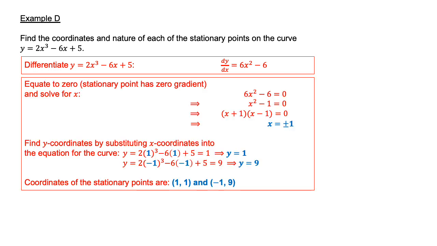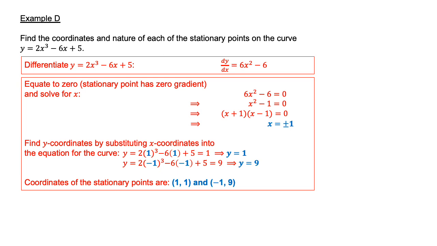We then equate it to 0. But as you can see, in this case, we actually get a quadratic expression. So 6x squared minus 6 is equal to 0. Then from here, this is the method I would like you to see of how to solve this. The first thing I'm going to do is simplify the coefficients, the numbers. So I can simplify that to x squared minus 1 equals 0.